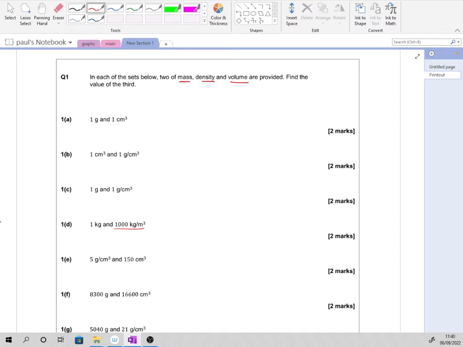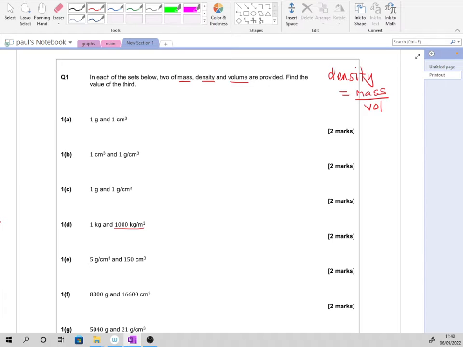This means that the density is equal to the mass divided by volume. You see how it's got mass divided by volume? So density is mass divided by volume.